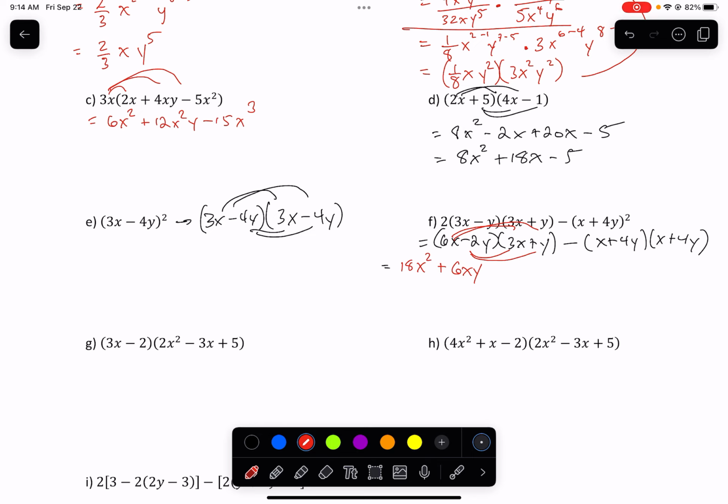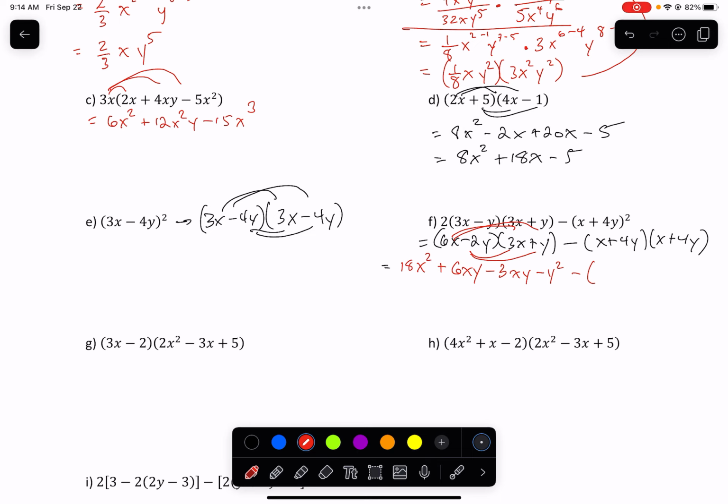Minus 3xy, or 6xy. No, it's positive there. The y is positive on the second one. Okay. The next one, that one is going to be minus 3xy. Sorry. And then minus y squared. Okay, and then I'm going to minus, this is a little tricky, this question.